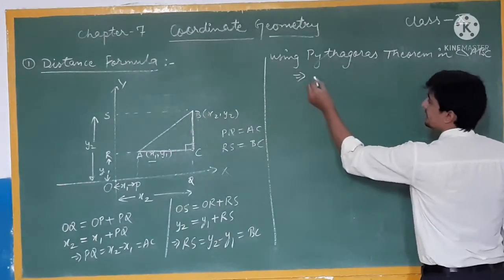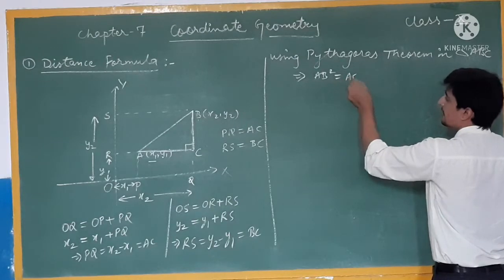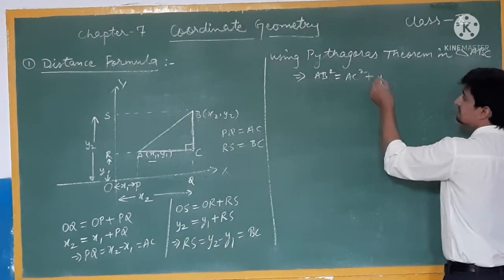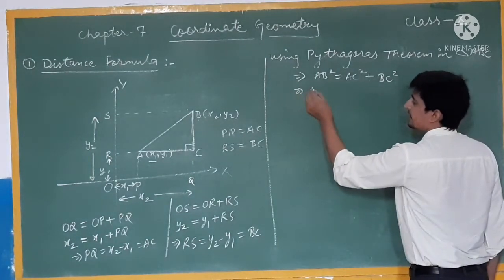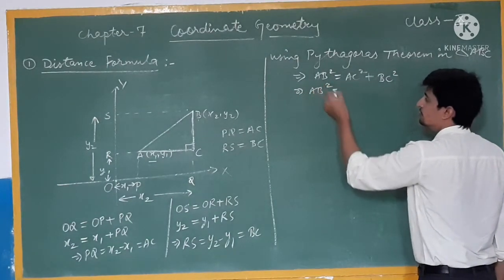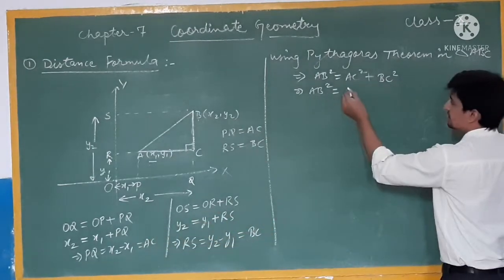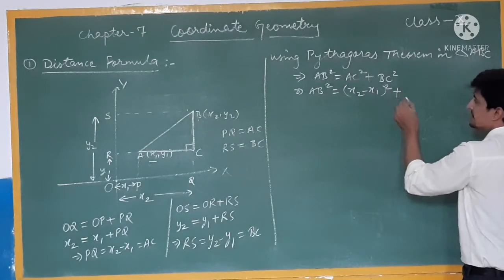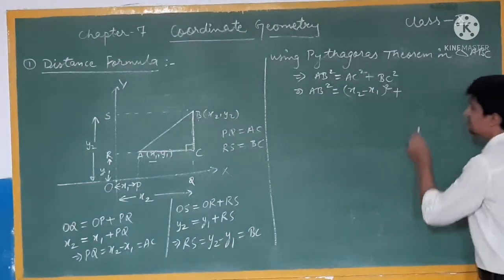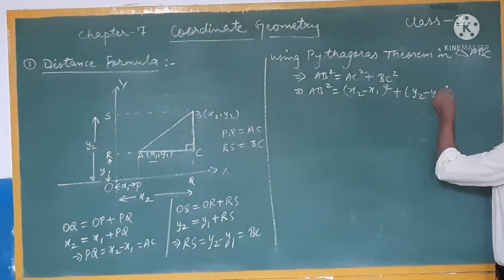So I can write AB square equals AC square plus BC square. Understood? Now AB square is equal to AC, which is x2 minus x1, so x2 minus x1 whole square, plus BC, which is y2 minus y1, y2 minus y1 whole square.